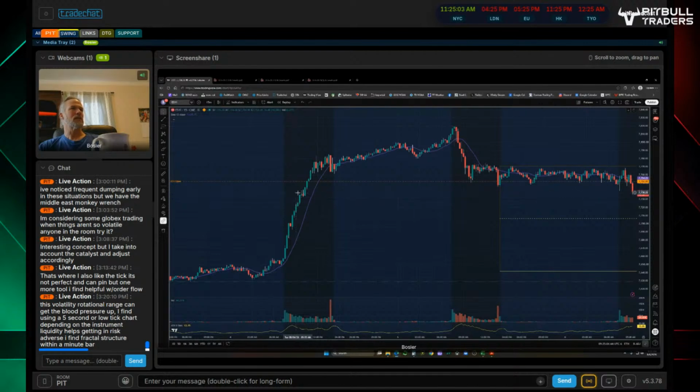I guess you can consider that a little zone, right? But yeah, if we've put in our high of the day and we fulfill our ATR, it just takes us right back down to the breakout point.